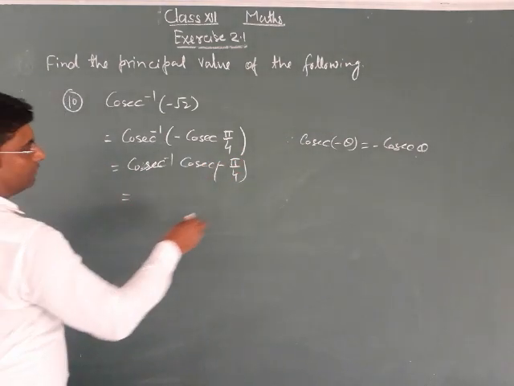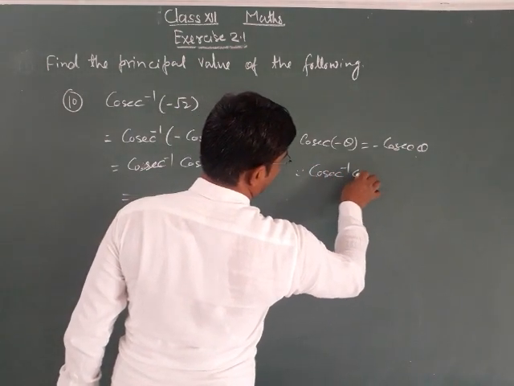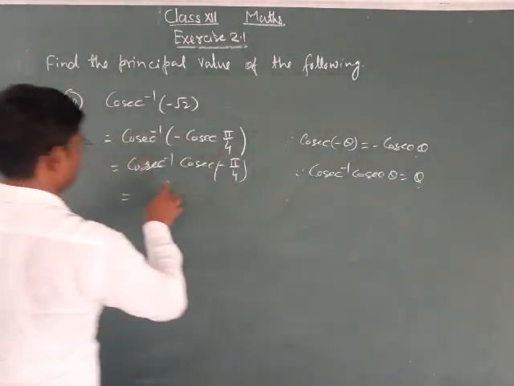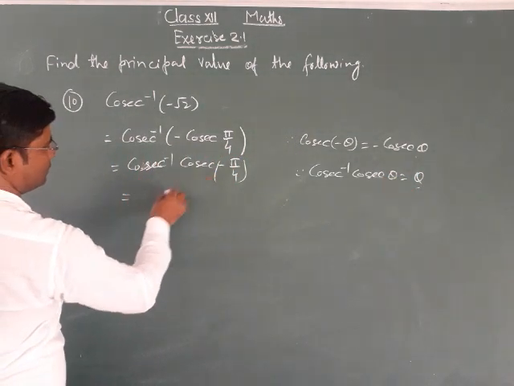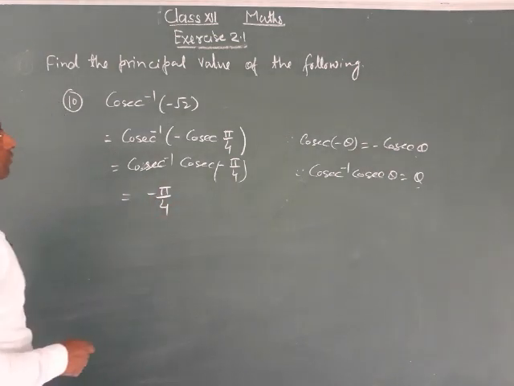Since cosec inverse cosec theta is equal to theta, the value is minus pi upon 4.